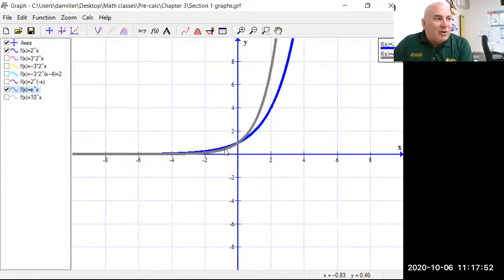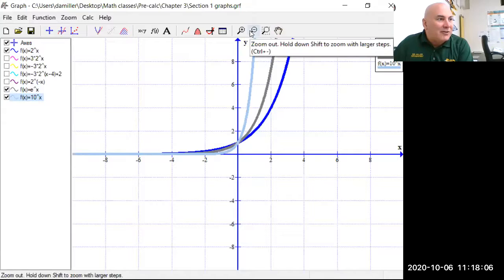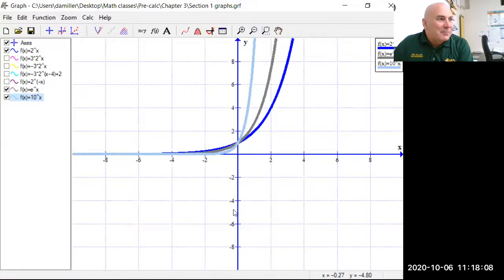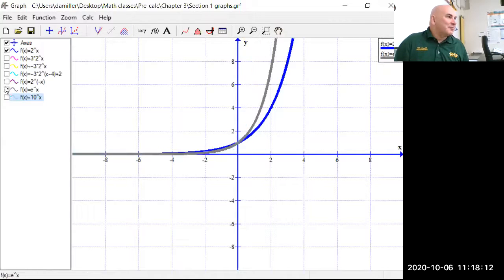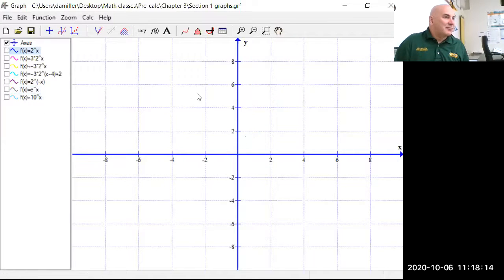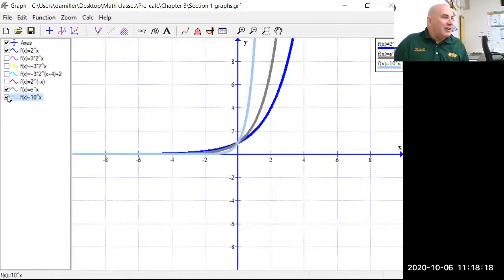So it's shallower out here, but then it gets steeper out here. And then 10 to the x is, again, shallower still out here, but it gets much steeper out here. But you'll notice all three of them go through the point (0, 1).